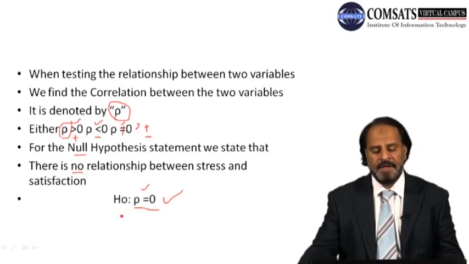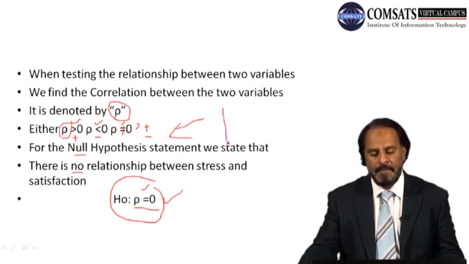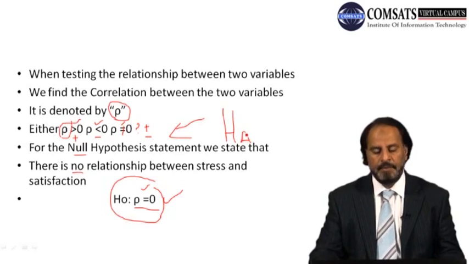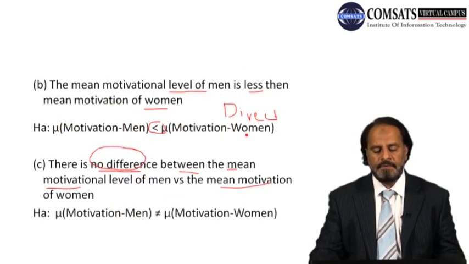And for null hypothesis statements, we say rho is equal to 0. This is the notation for the null hypothesis statement, and these are the notations for your alternate hypothesis statement.